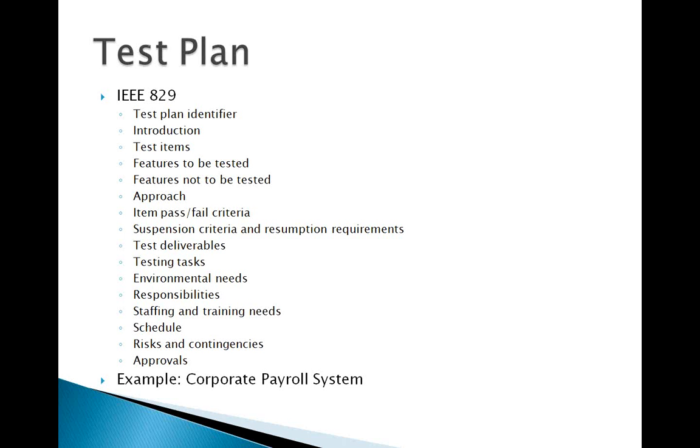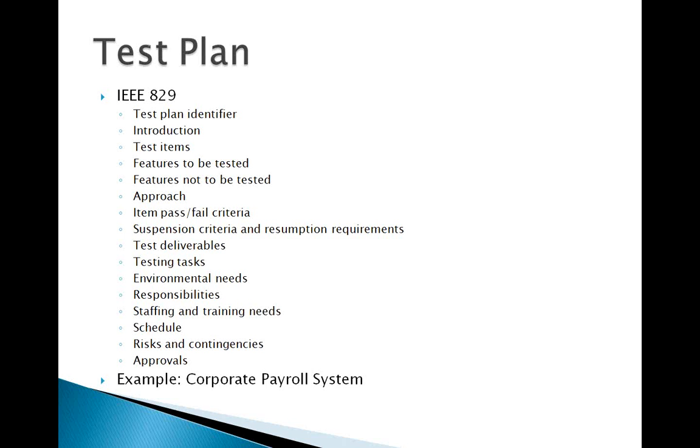And also, in case this is not resolved between the engineers, a test engineer and a developer, then who's going to decide what is pass and what is fail? So there has to be an escalation path.